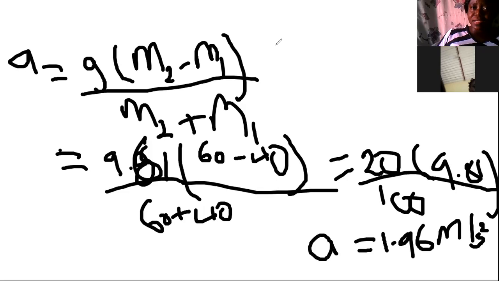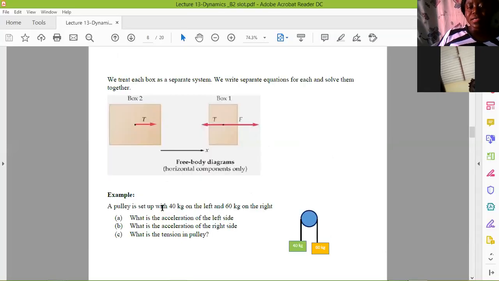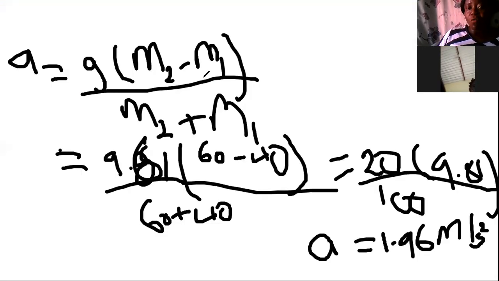The question was, what is the acceleration on the left side and on the right side? If the two objects are attached together, then the two objects are moving with the same acceleration, but in opposite directions.